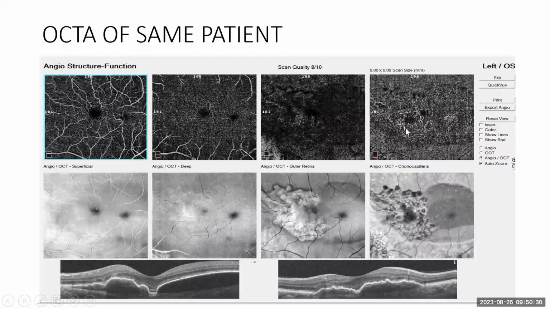In the choriocapillaries, the mosaic pattern is also poor, but you have some areas of buds around these areas that I'm pointing out. And when you get to the enhanced image of this, you see these buds here. These round budded areas.